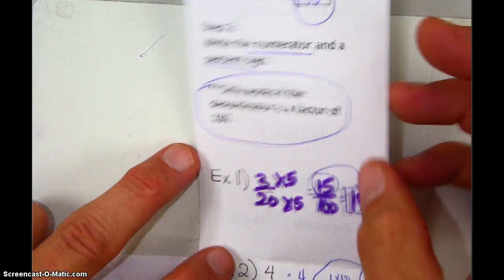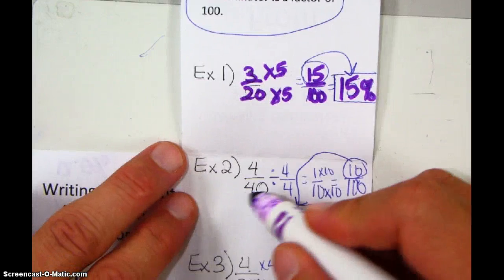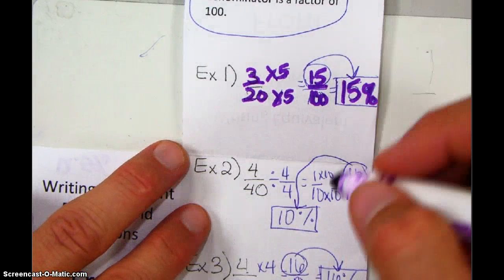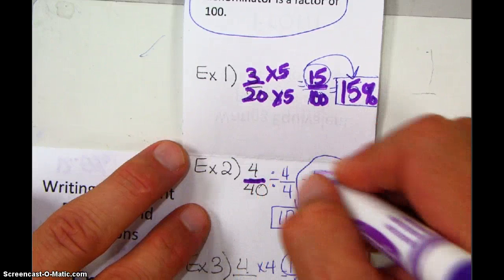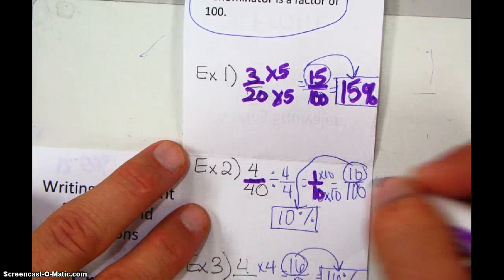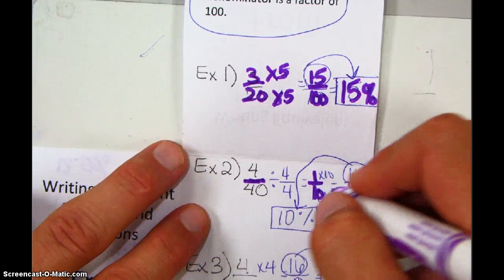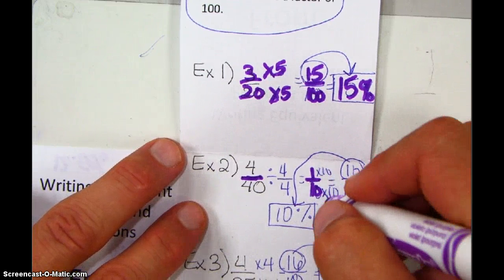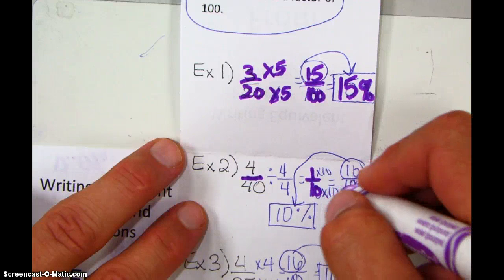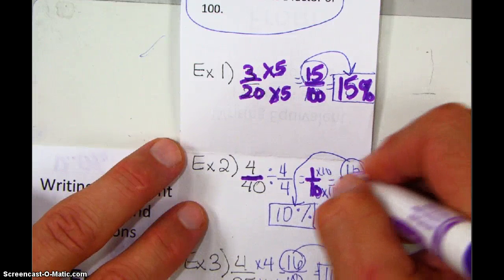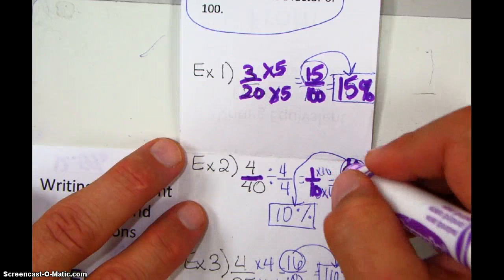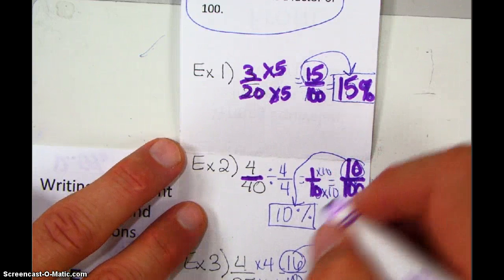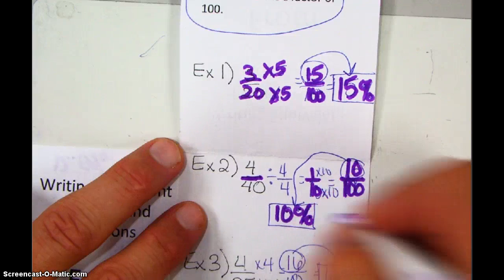Okay, in the second example, you have 4 over 40. Now this is a little bit trickier. We're going to simplify this one. We're going to divide it by 4 and you'll get 1/10. And 1/10 is not a percent, it is 1 over 10. We need it to be 1 over 100. So now we're going to write that equivalent fraction over 100 by scaling it up 10 times, which will give you 10%.